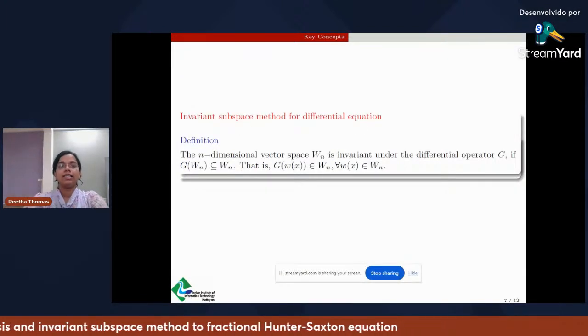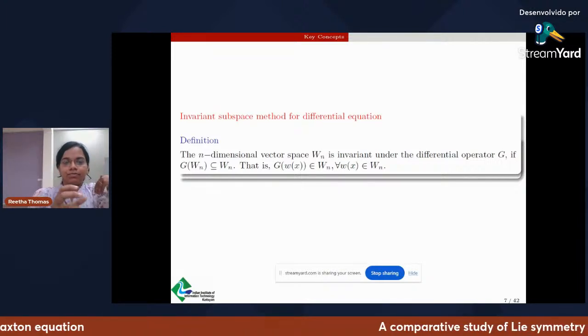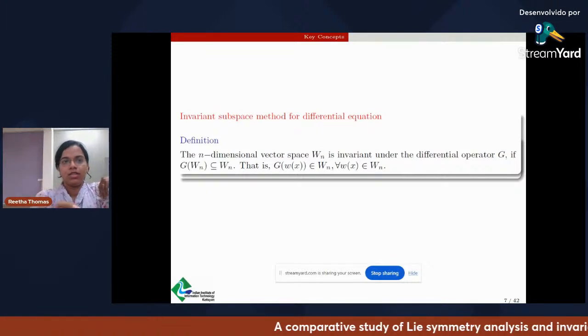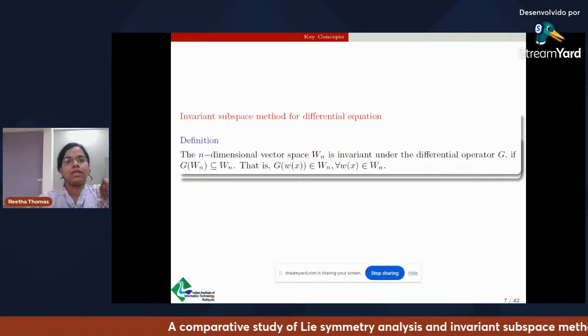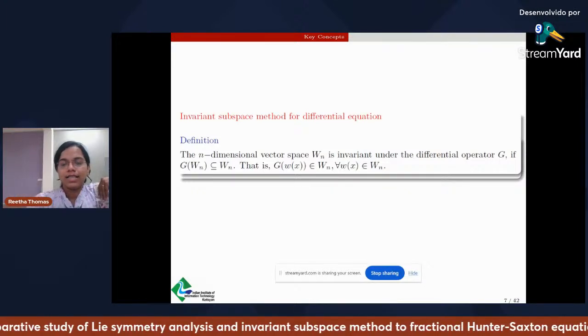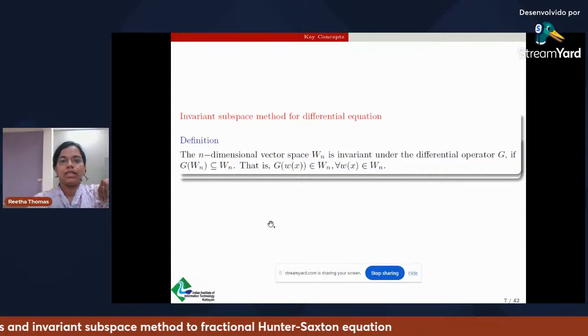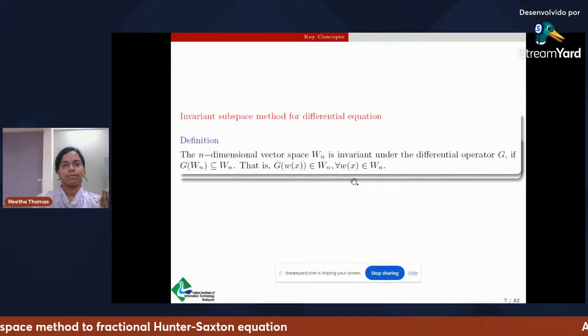And I consider the techniques invariant subspace method and the symmetry analysis. First, we consider the basics of invariant subspace method for partial differential equations, and we can generalize it to the fractional case. In invariant subspace method, we consider first the invariant subspace.